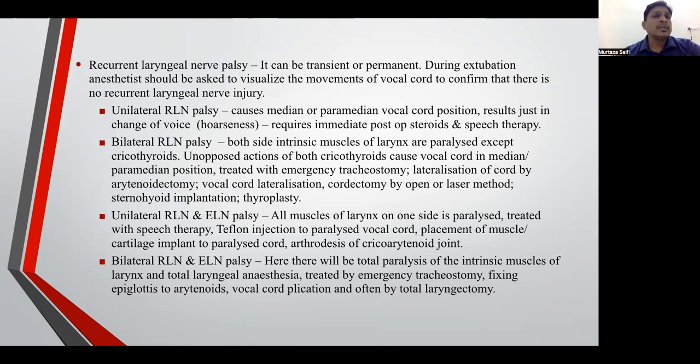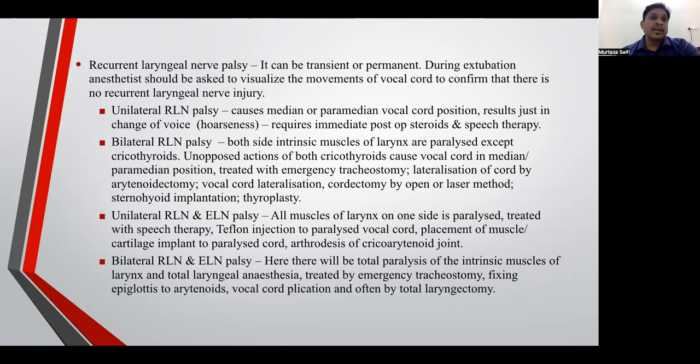Unilateral recurrent laryngeal nerve palsy causes a median or paramedian vocal cord position and results just in a change of voice. There is hoarseness of voice, requiring immediate steroids and speech therapy.